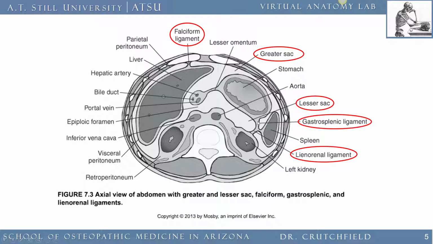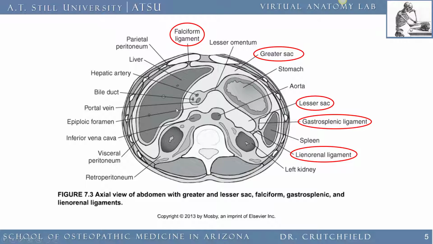Of course, the stomach, the spleen, and needless to say, we have some of these ligaments: the lienorenal ligament or the renal lienal ligament, either way, the gastrosplenic ligament, and of course, we talk about the lesser sac and the greater sac. Here is the gastroduodenal ligament, and contained within it is the bile duct, the hepatic artery, and the portal vein.